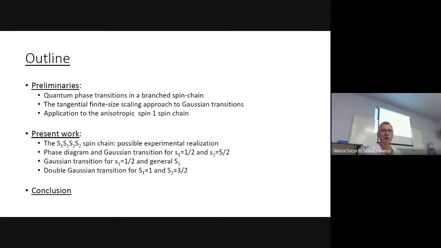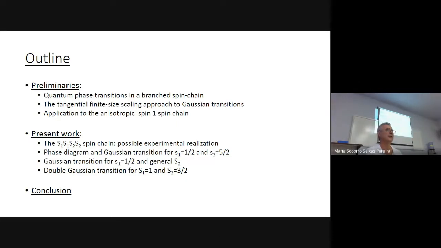Then I'm going to look at the possible universality or non-universality of this Gaussian phase transition, considering different spin sizes, with at least one of the spin sizes changing from 1/2, the smaller one, up to a larger spin size. By the end, I'm going to show you some preliminary results for the tetramerized spin chain with spin 1 and spin 3/2.